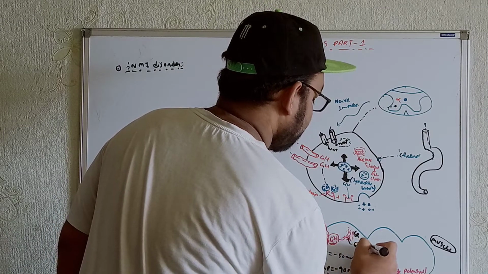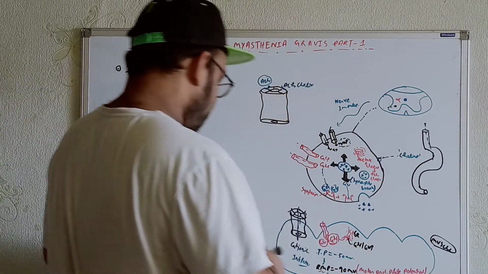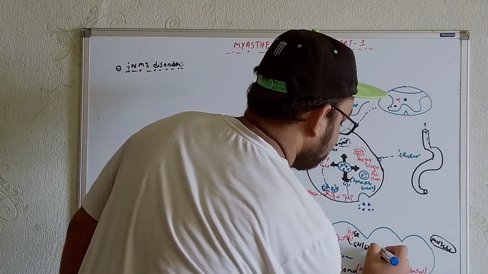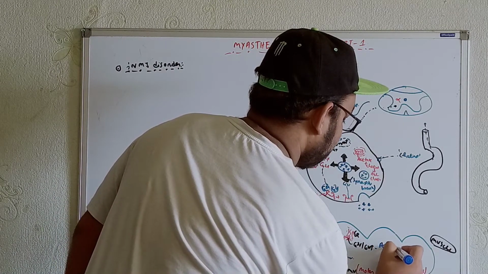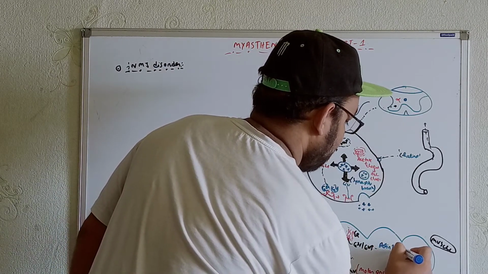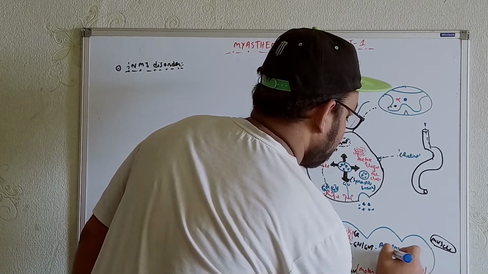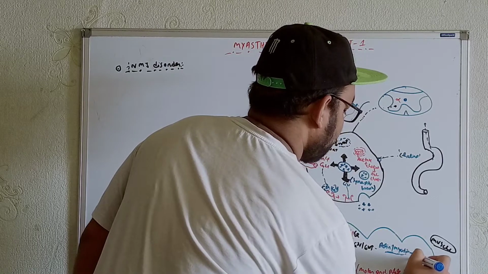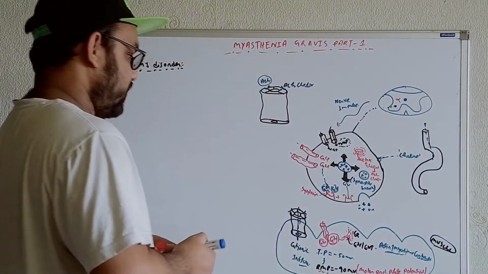The concentration of calcium will be increased. Ultimately, this calcium will go towards the actin and myosin filaments, right? And ultimately we will get the muscular contraction. It's a normal thing under normal physiological circumstances.